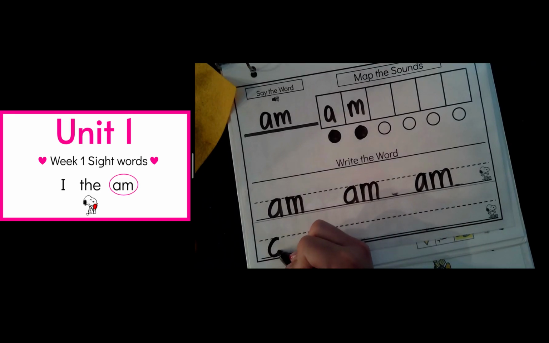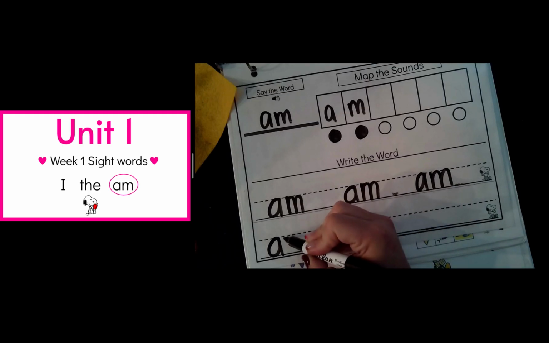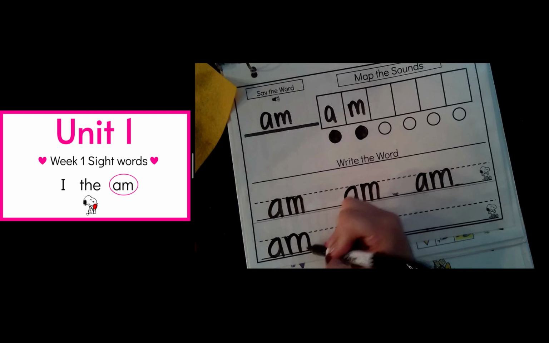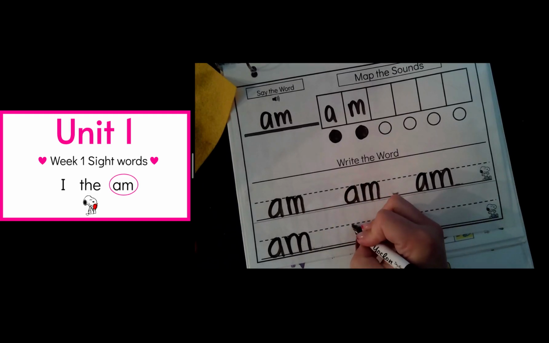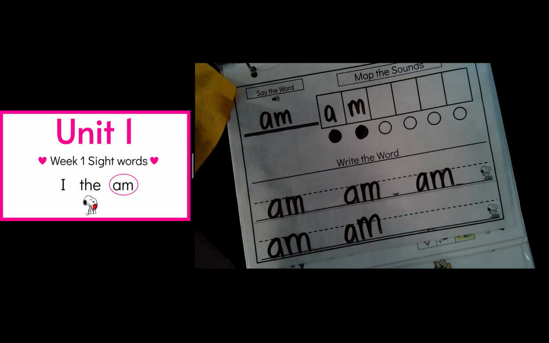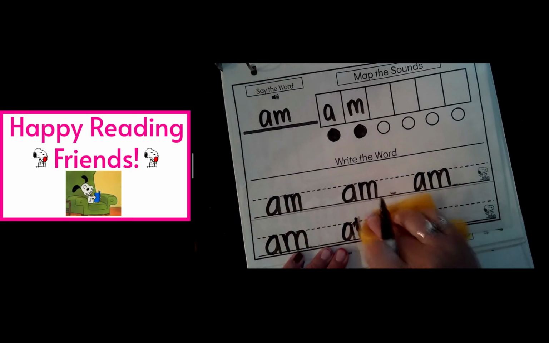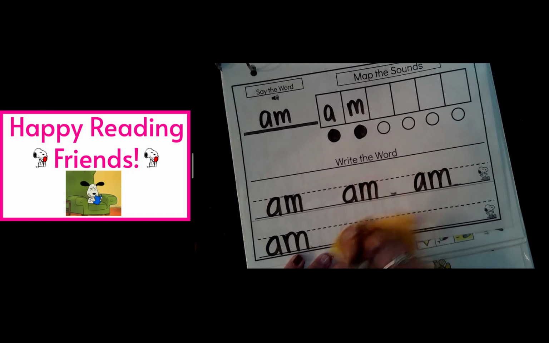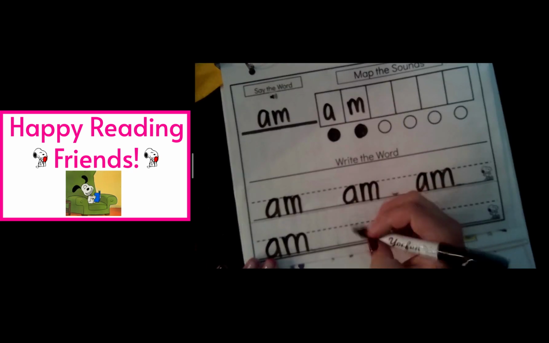Remembering that my A is around the world, down, and my M is down, roller coaster down. And keeping that space. And if I make a mistake, oh no, I made it too big, that's okay. I can erase it and I can try again, because it is okay to make mistakes, my friends.